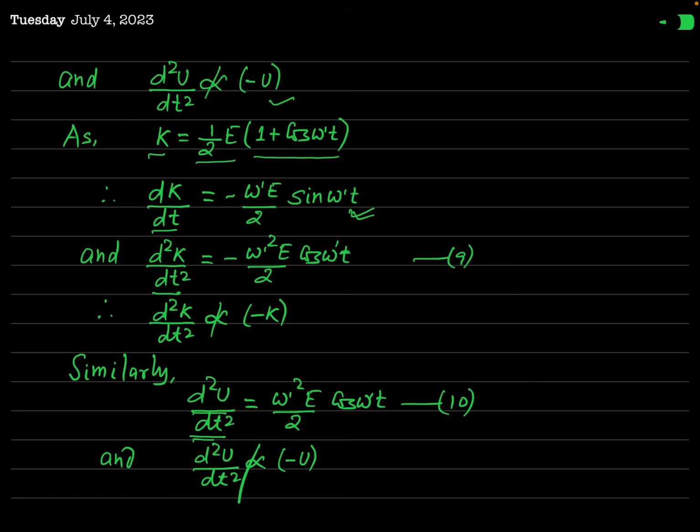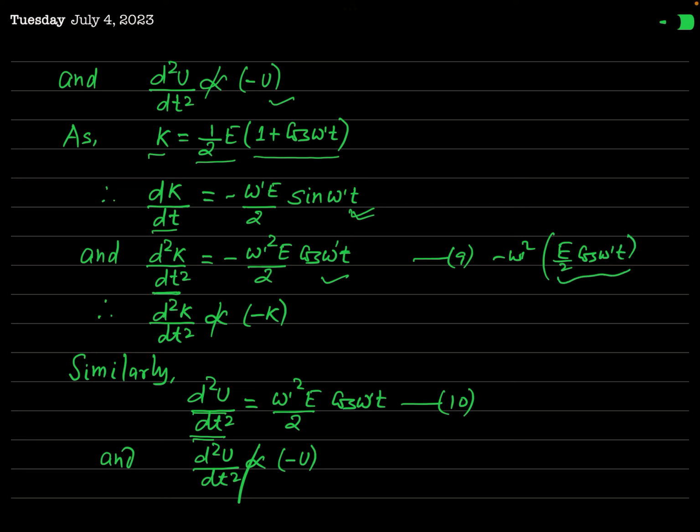After that you will obtain d2k by dt square, and that will be minus omega prime square times e by 2 this much. You can see that the RHS has minus omega prime square, and the remaining factor is e by 2 cos omega prime t.